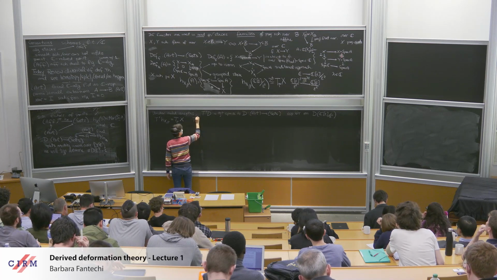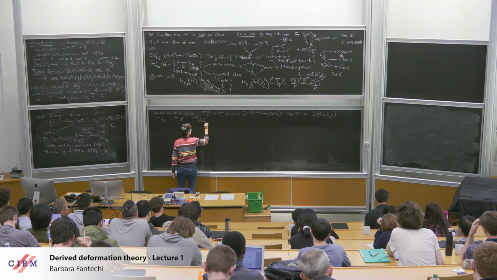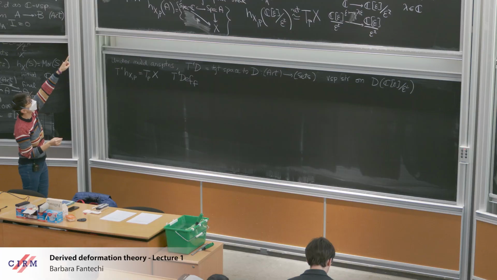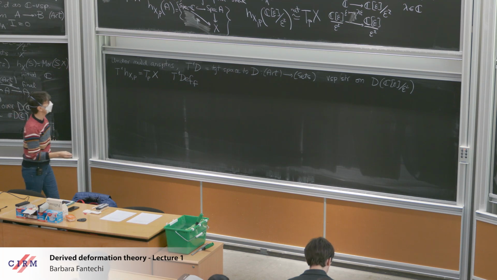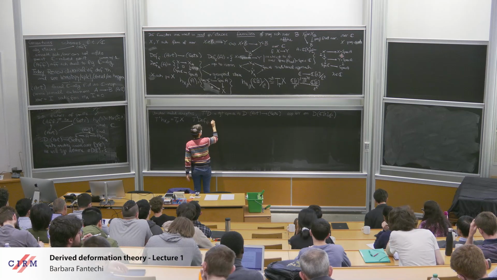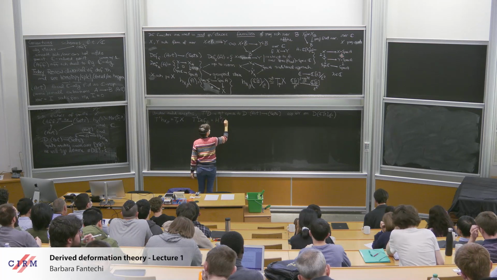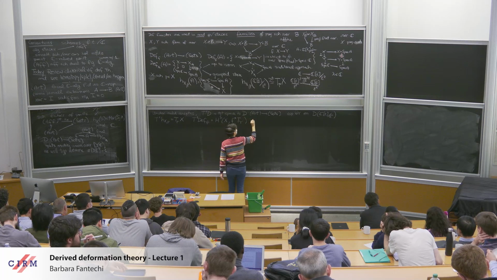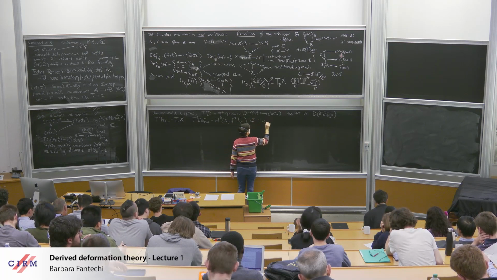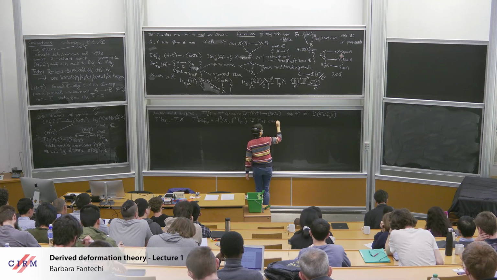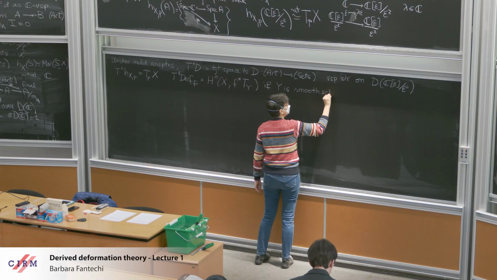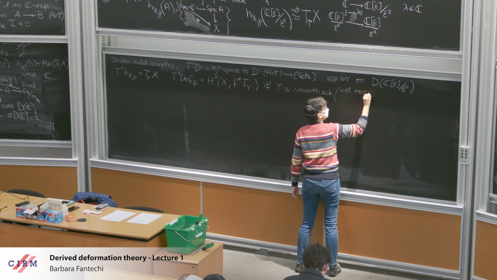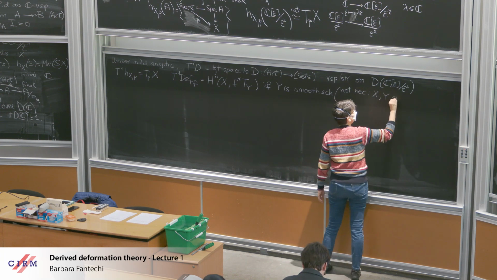So for instance, if I want to study def f, which is the one written up there, then this is h0 of x pullback of ty if y is a smooth scheme. But it's not necessary that x, y are projective.